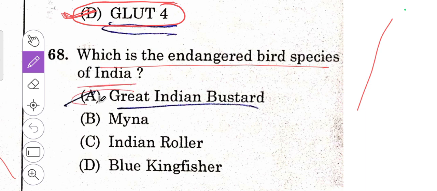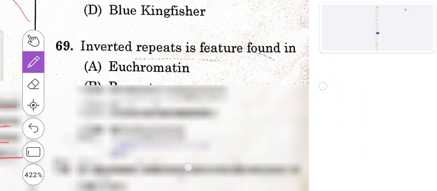That is the Great Indian Bustard. Only a small number of these birds are there in India. So it is an endangered bird. They may go extinct in the upcoming years. So 68 is the right answer.